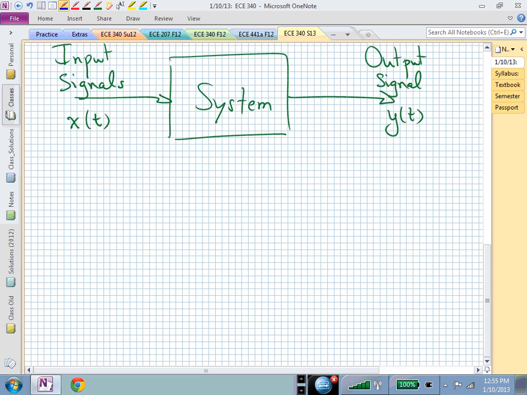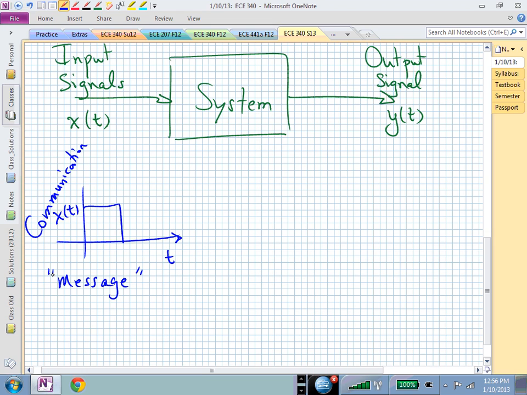If we were dealing with communication, then we might have a signal that looks like that. This is now in the time domain. Here's x of t, and this might just be a message, a 1.